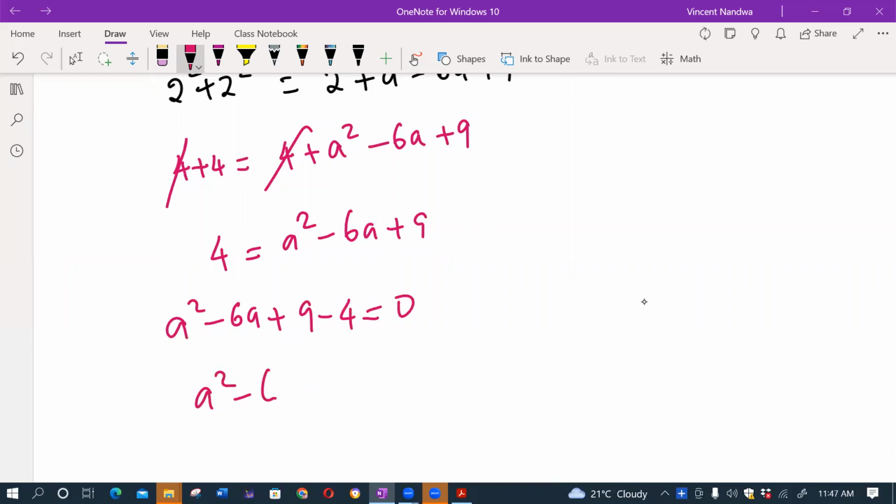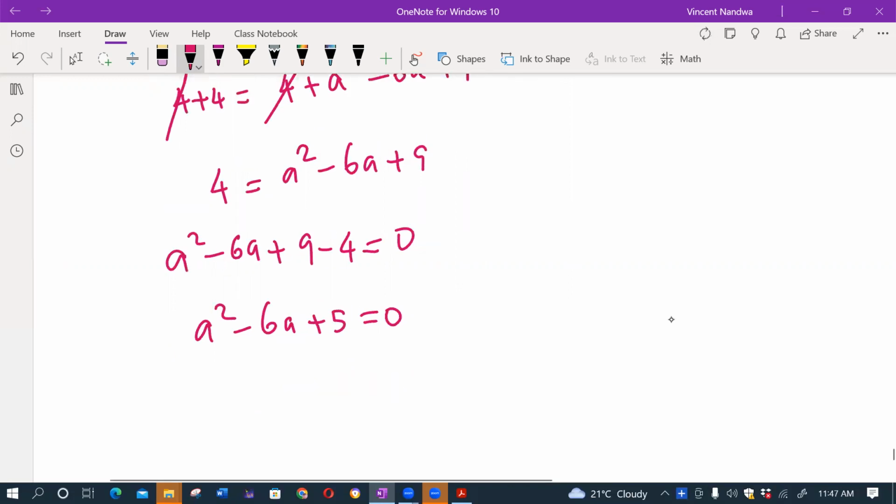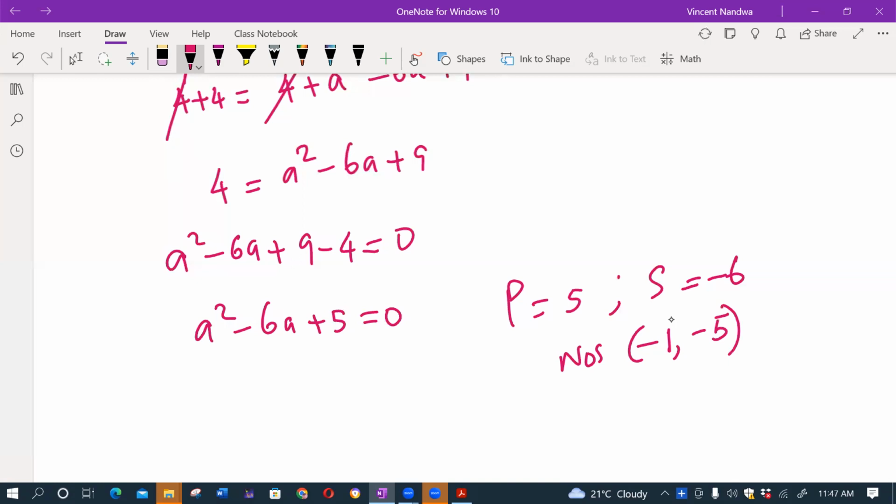A squared minus 6A plus 5 equals 0. Product is 5, sum is minus 6. Numbers minus 1, minus 5. So I have A squared minus A minus 5A plus 5 equals 0.